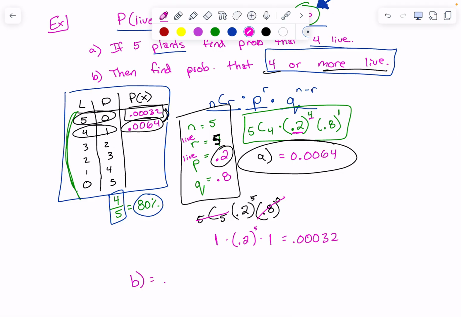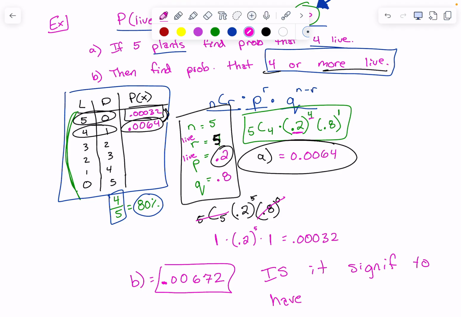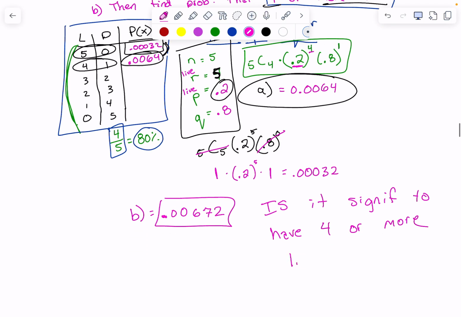So to answer part B, find the probability that 4 or more live. Add them up: 0.00672. So is it significant to have 4 or more live? Is it a rare event? Is it a significant event?